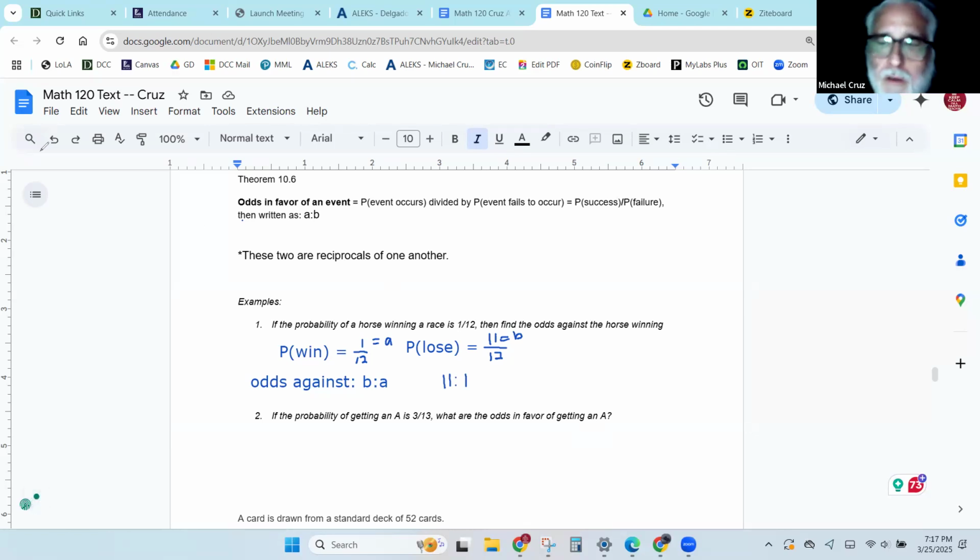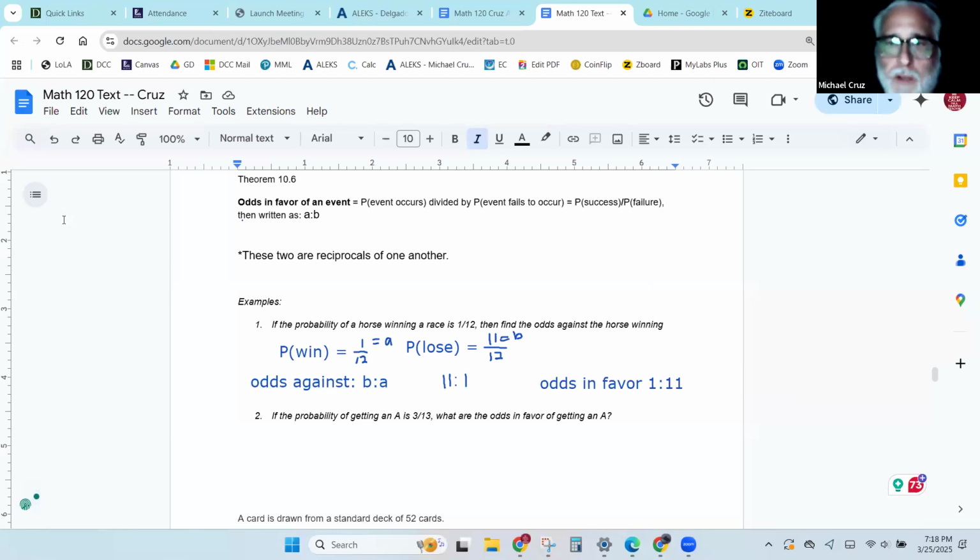So just to show you, odds in favor would be 1-11. And that doesn't sound nearly as nice and enticing, but that's what it means. They both mean the same thing. One winner for every 11 losers in the running of that race.